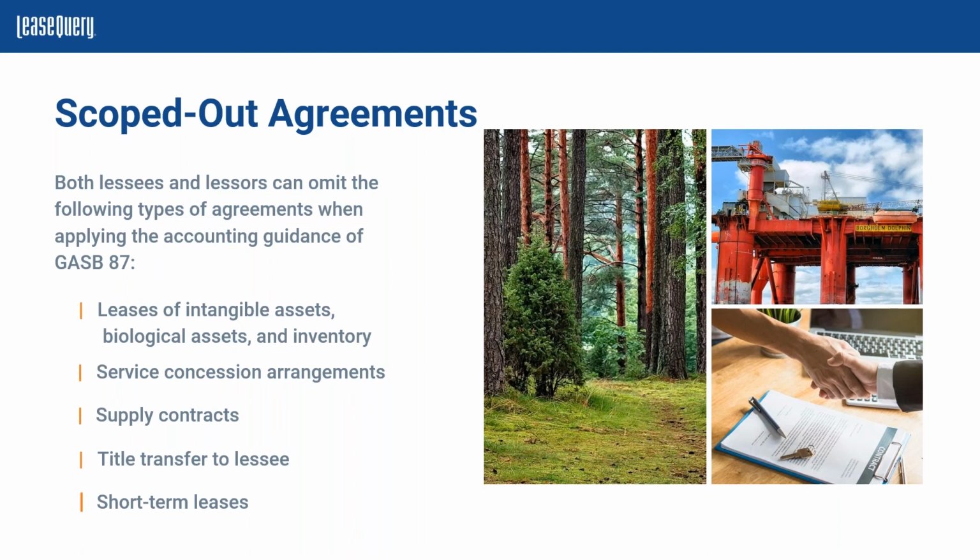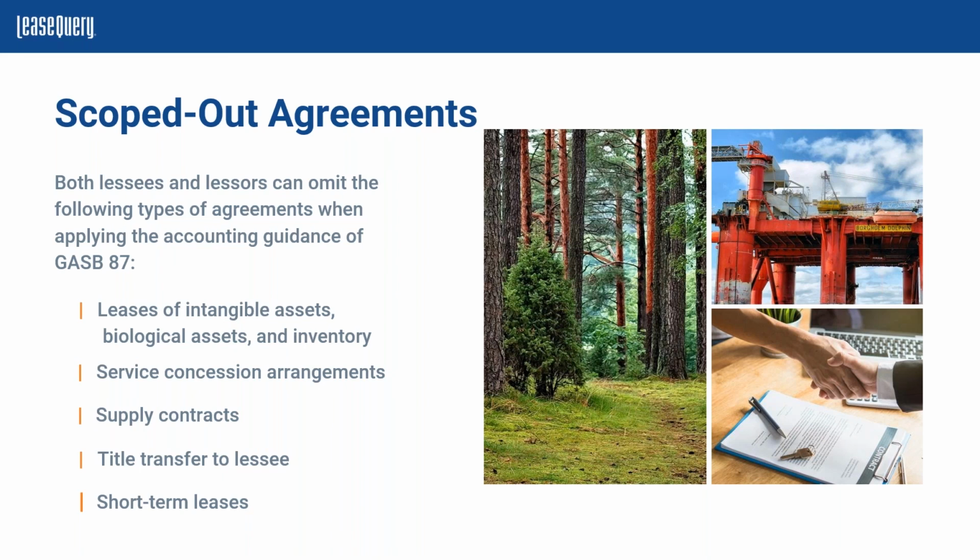The first of which being intangibles. Intangible assets, thinking about like the right to explore natural resources, licensing contracts. Typically, these are the ability to do something that is intangible. So those are out of scope. Biological assets are out of scope, so if you've got timber, living animals or plants, and then of course inventory as well.